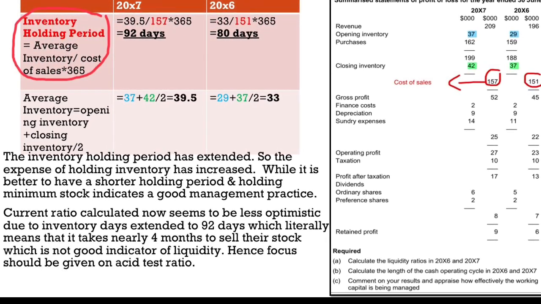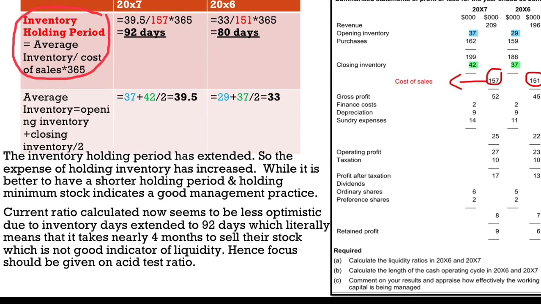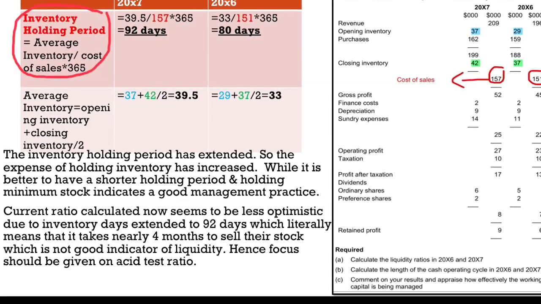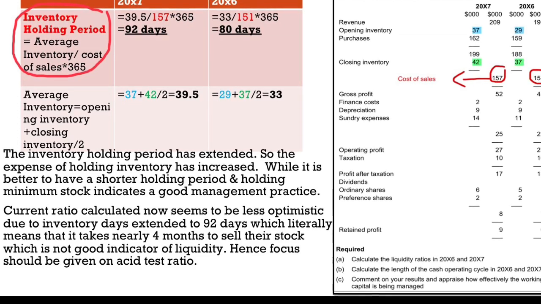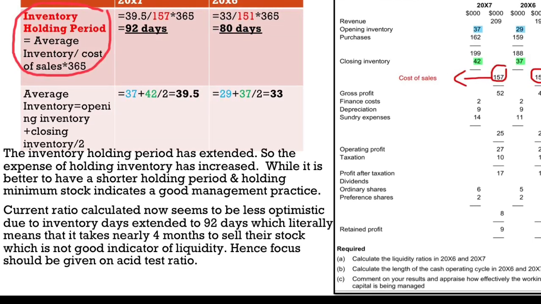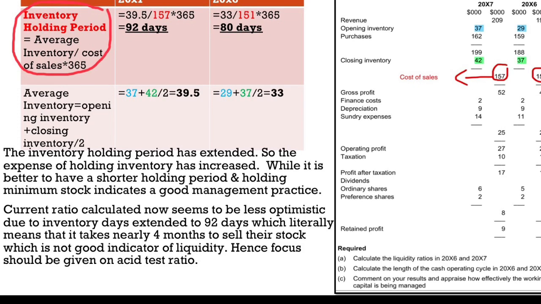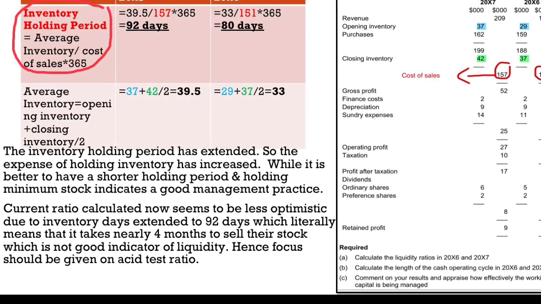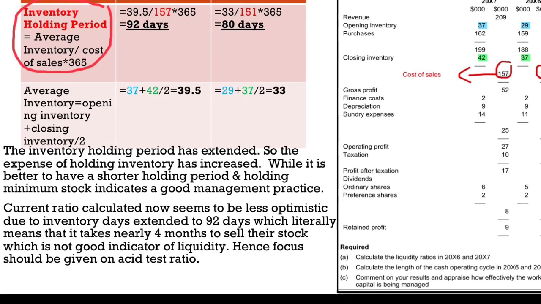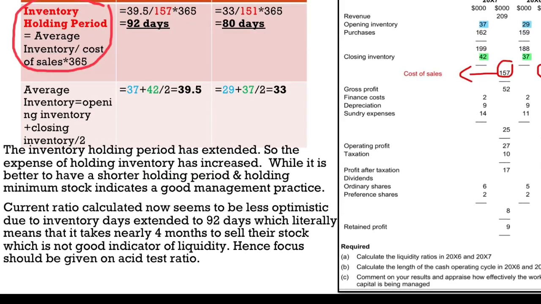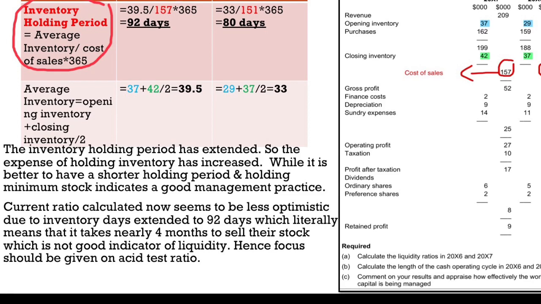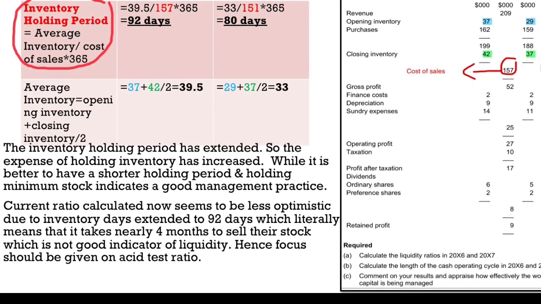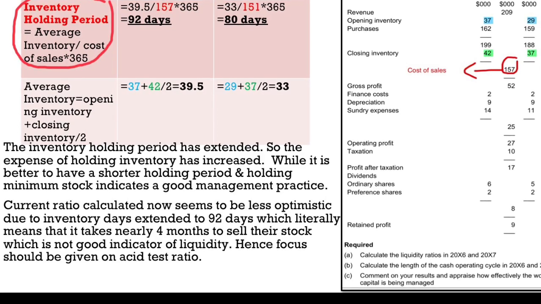You add both, you get total as 188, and subtract closing inventory, that is 37, and you get the total, that is cost of sales, as 151. It is circled in red, right? You can see that. So in the working, we have seen that 39.5 divided by 157 into 365, we get 92 days for 2007, and for 2006 we get 80 days. So the inventory holding period has increased or extended.